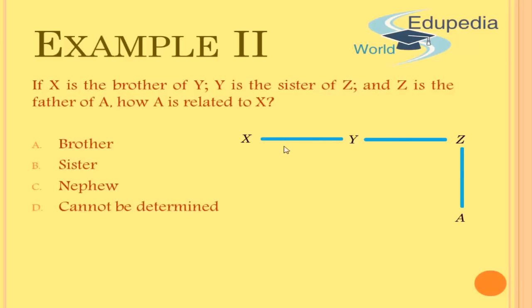For a husband-wife relationship, I can use a straight line and put two arrows at the end. Basically, I want to differentiate between the two lines so that I don't get confused while solving. So brother-sister can be represented by a plain horizontal line, and husband-wife can be represented by a horizontal line with arrows at both the ends. So it will be clear what the line indicates.